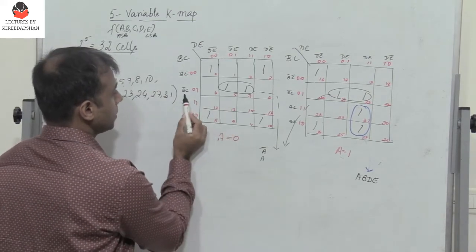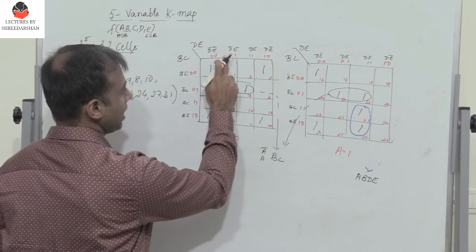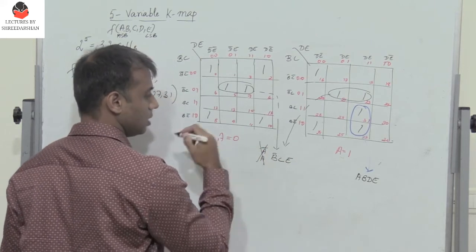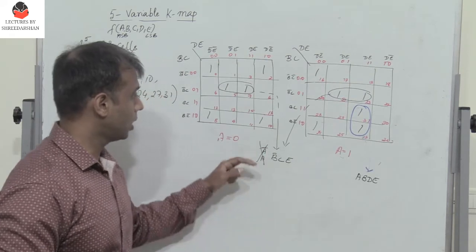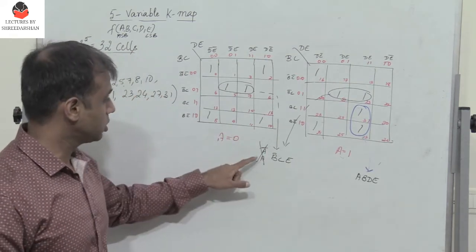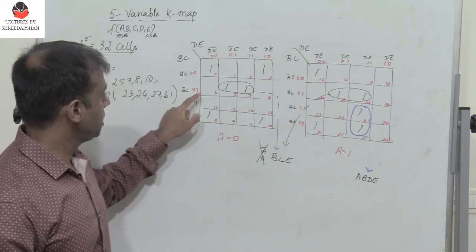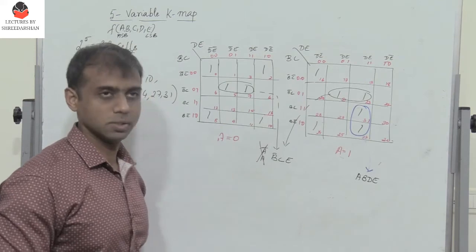And then here it is B bar C, and D is complementary, so I get E. So A variable gets reduced. Since I'm combining 4 ones, there is reduction of 2 variables, which is A and the variable D. So it's going to be B bar C and E for these 4 ones.